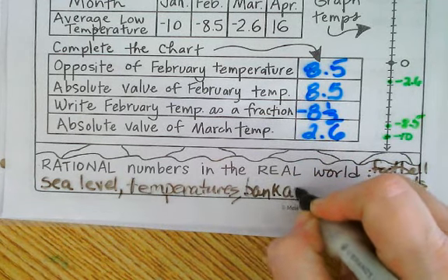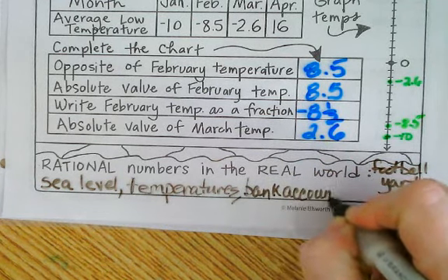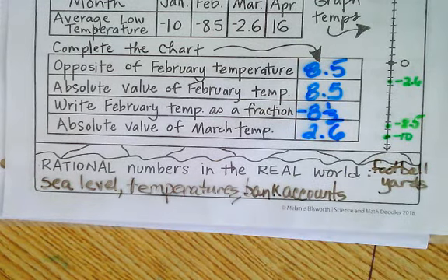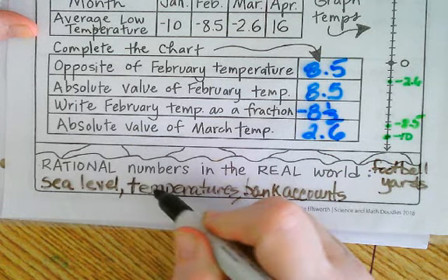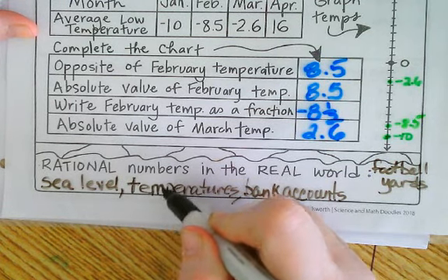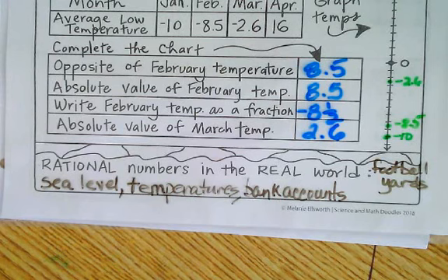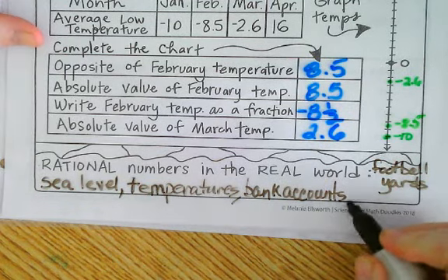Bank accounts, that's right, sometimes. Okay? And it's not necessarily that you have a negative number of money, it's that when you subtract money from your account, it's a negative, and when you add money to your account, it's positive. Okay? And I don't know how many of you actually play.